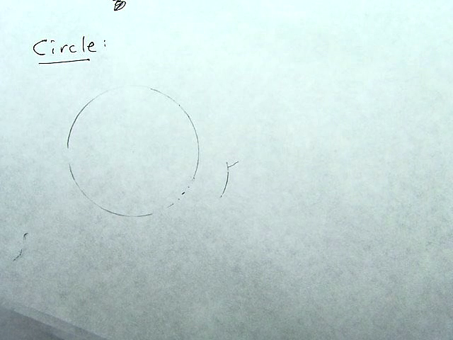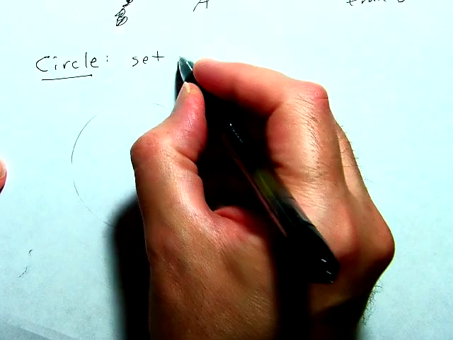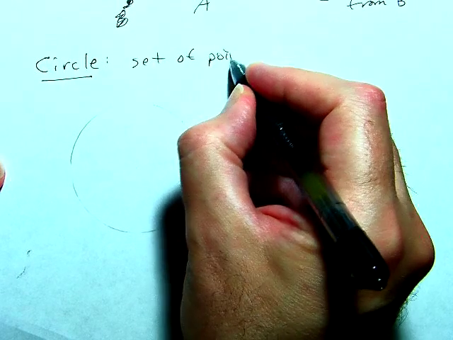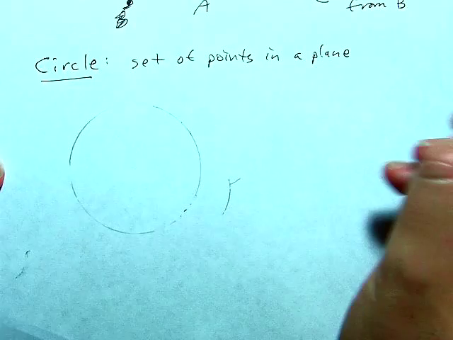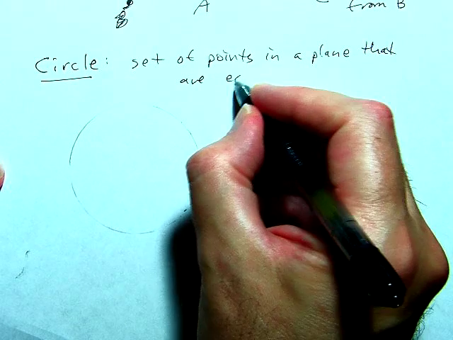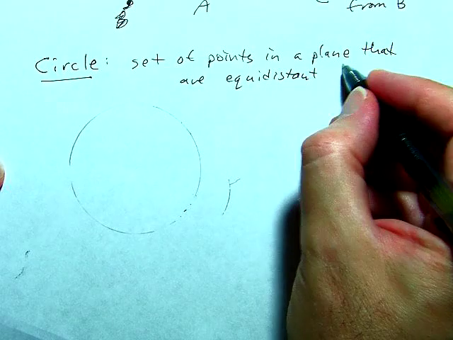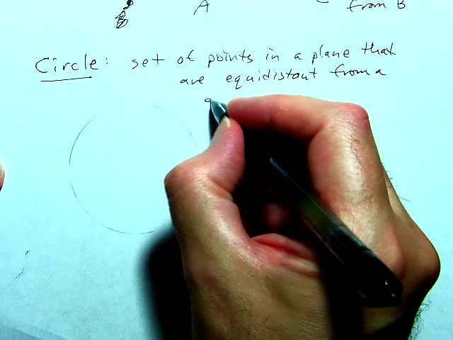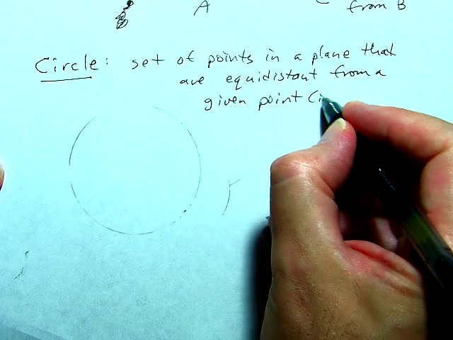A circle is defined as a set of points in a plane that are equidistant from a given point in the same plane.